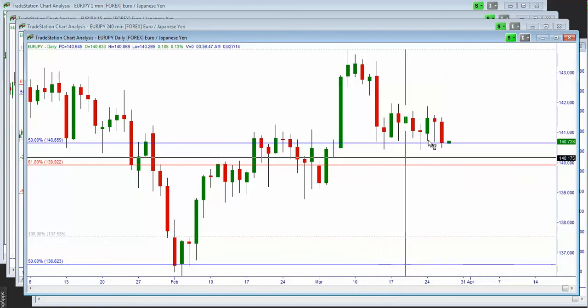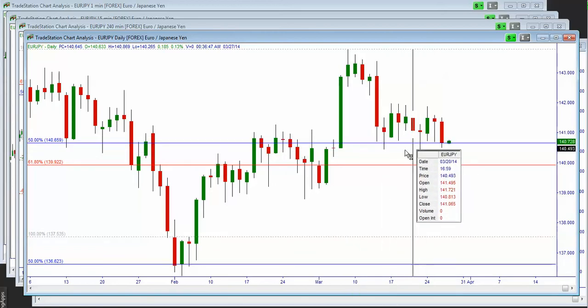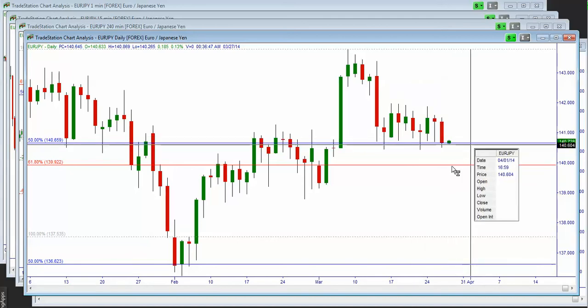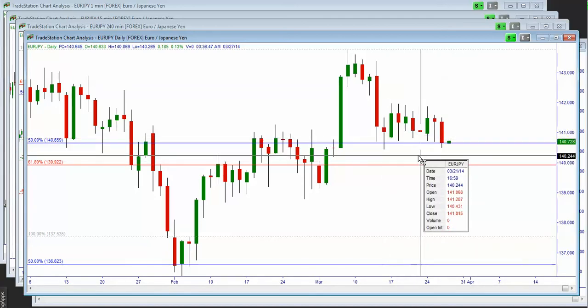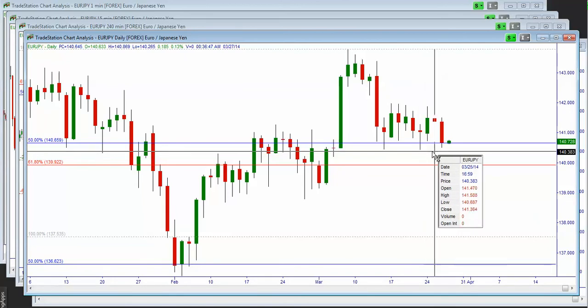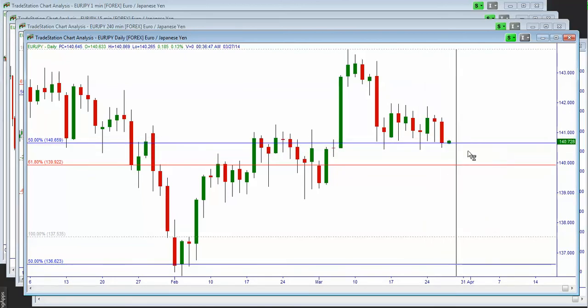And after we found it, then we could use it to see whether the market would actually keep finding support at that level. And it found support a second time, a third, a fourth time, and now a fifth time. There is the possibility for this market to keep respecting this value.